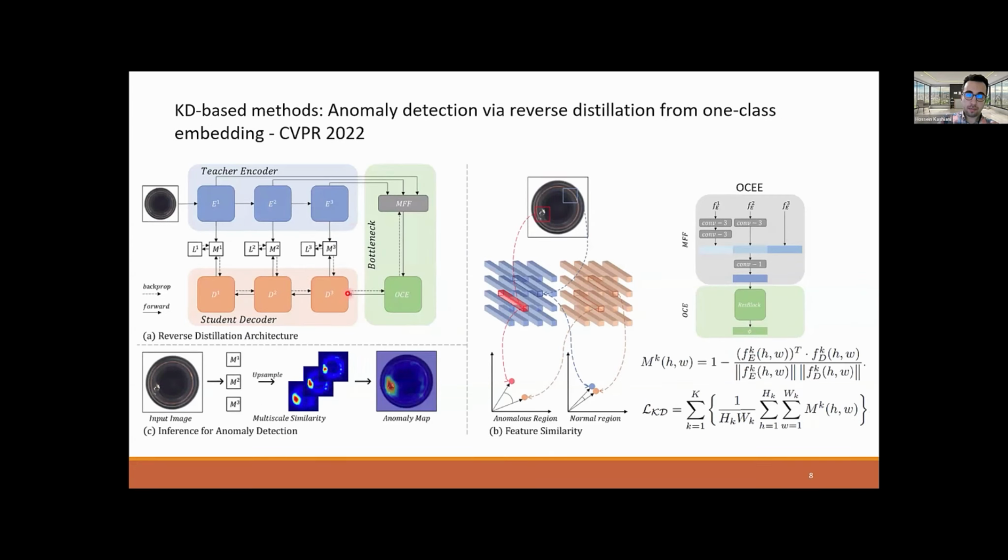This is another paper, first published in CVPR 2022, based on reverse knowledge distillation, that proved it works very well compared to the conventional autoencoder or even the baseline knowledge distillation. So if you pull this student to the right way, you can see that this is very similar to the architecture of an autoencoder, but with some advantages that prove that it works.